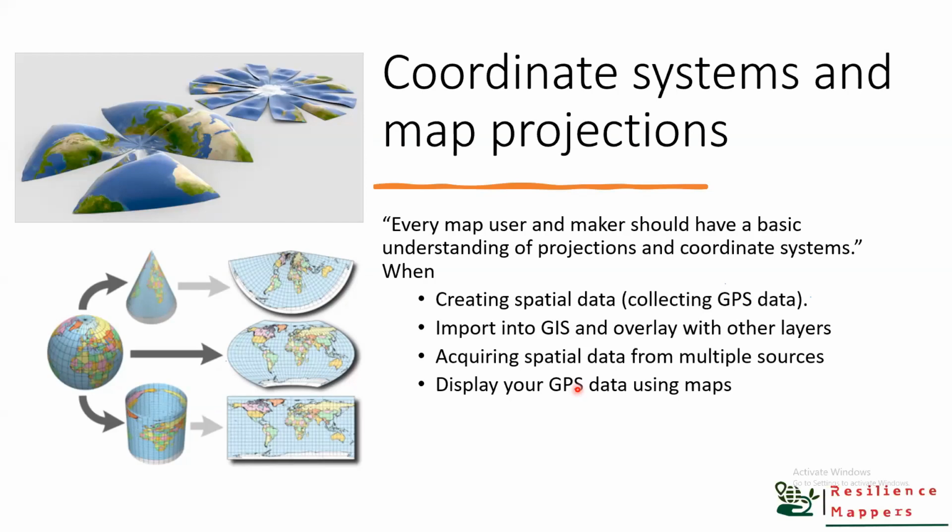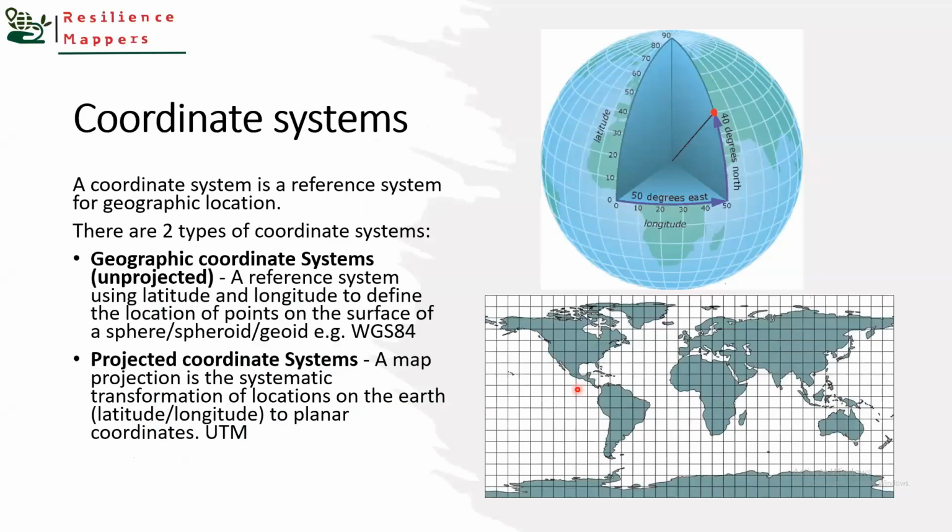If you just create your map and put the coordinates down without specifying the coordinate system, someone might take those coordinates and use them somewhere else, and that is not what the map is representing. So it's very important that you understand the concept of coordinate systems and map projections. I'll take you through a brief of what it is.